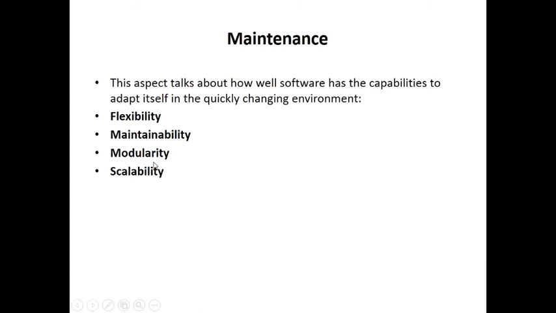Modularity means what? When we have a software, a large and complex problem to develop, we never develop it in one go, right? Starting from one point and writing thousands of lines of code.